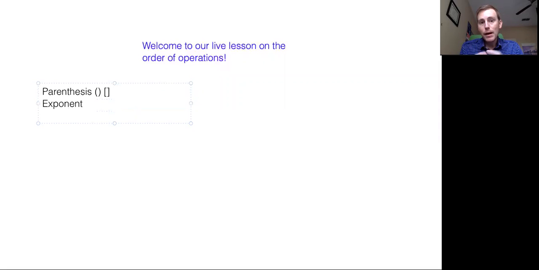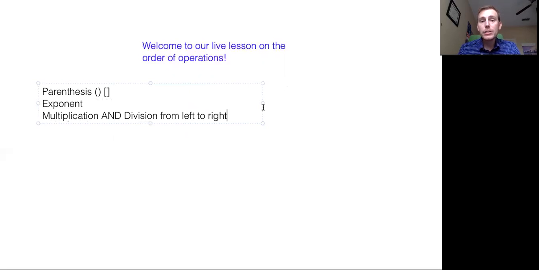Now I want to talk about multiplication and division because sometimes people get this confused. So definitely pay really close attention to this. When we talk about multiplication and division, the M and the D in our order of operations, we have to think of it on the same line. Really the M and the D are the same step.